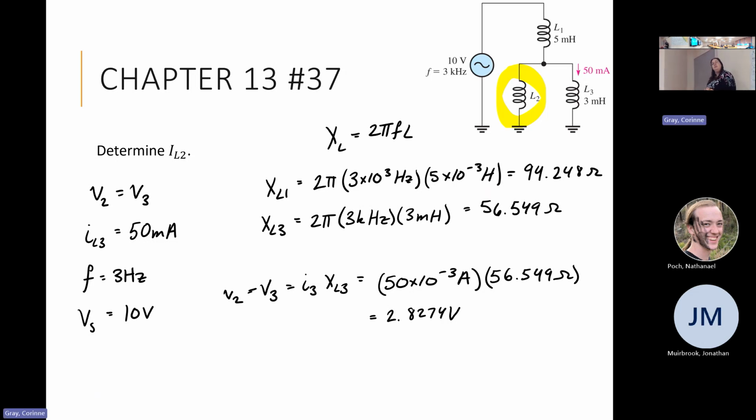Now what do we need to do? Didn't you figure out the current going through L1? How do I find the current going through L1? I use the reactance and source voltage, 10 volts. I can do it that way.